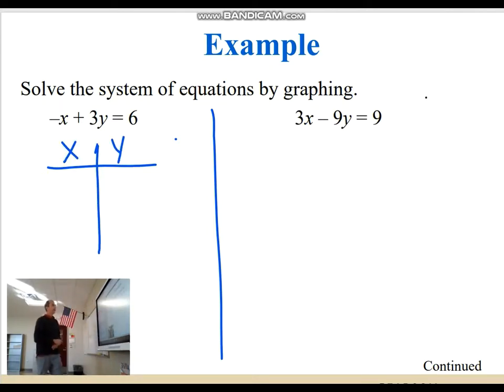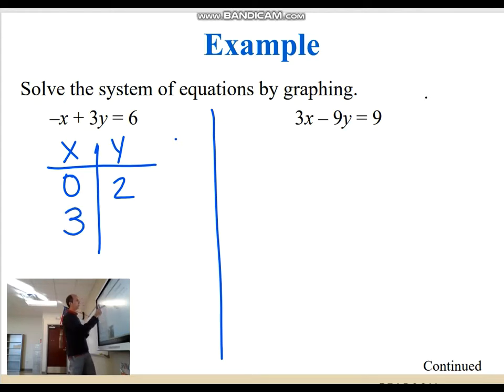Let's say x equals 0. Then we will have 3y equals 6, y equals 2. If we make x equals 3, negative 3 goes to the other side, it's going to be 9, 3y equals 9, so y equals 3.